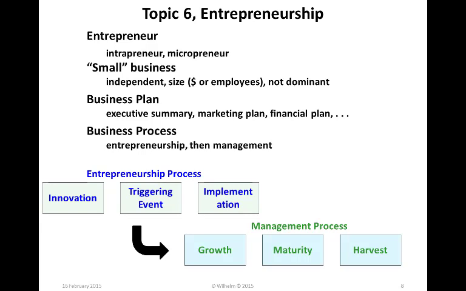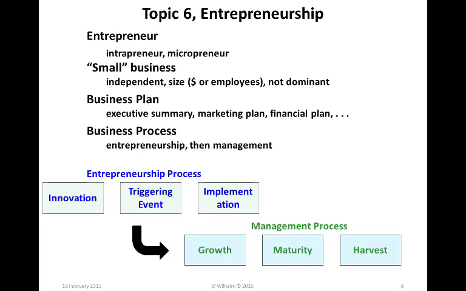The first thing we want the audience to read is the executive summary. This will hopefully convince them to read the rest of the business plan, and we could be providing this to them looking for an equity investor, a partner, a loan, a key employee. Other sections are the marketing plan, the financial plan, and so on.